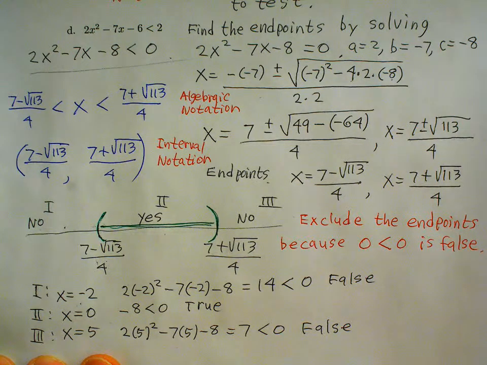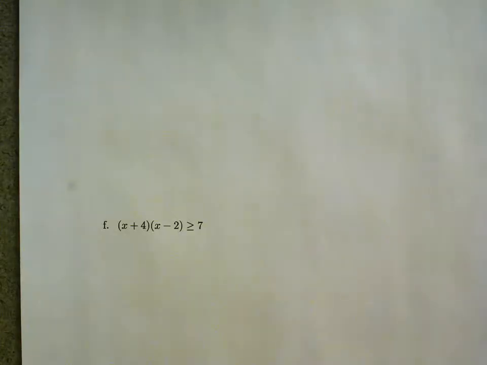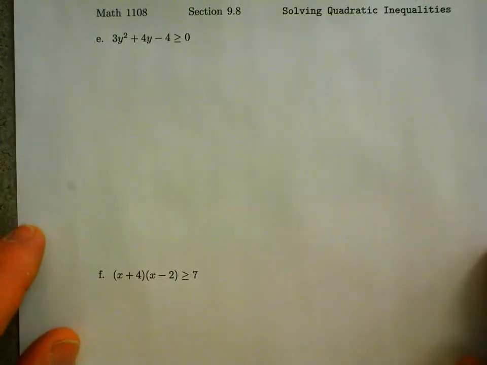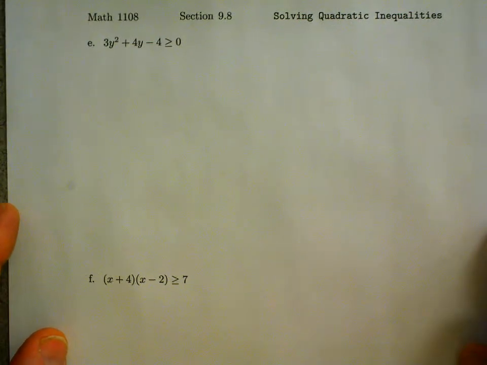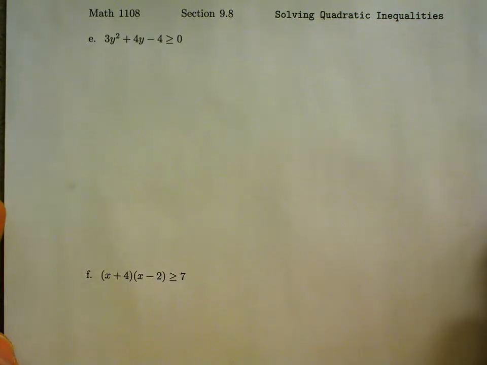All right, the next page, more of the same. Okay, solve the quadratic inequality. 3y to the second plus 4y minus 4 is greater than or equal to 0.